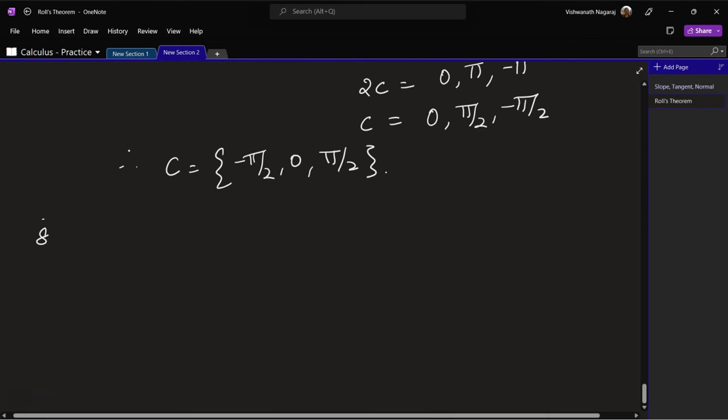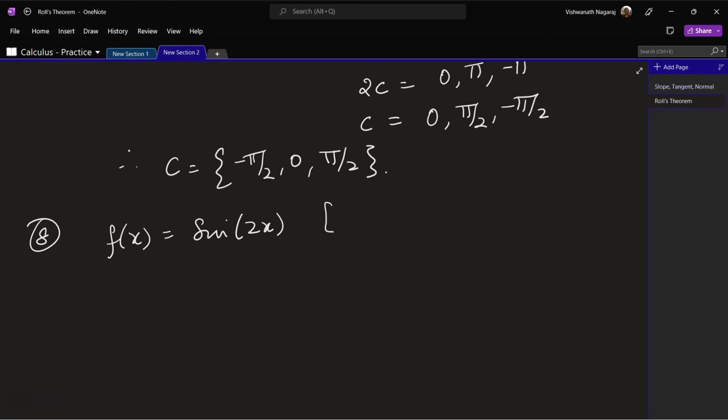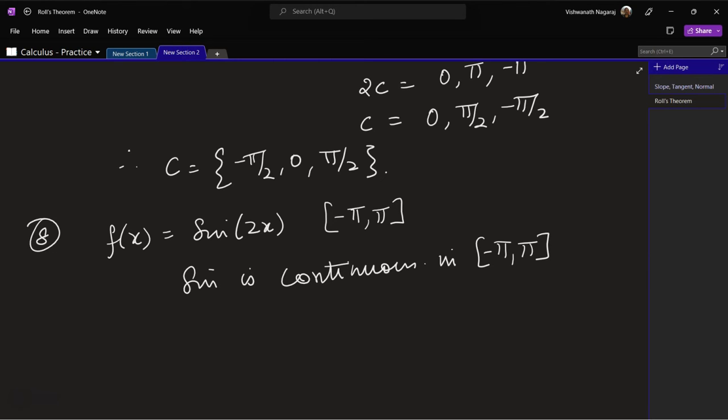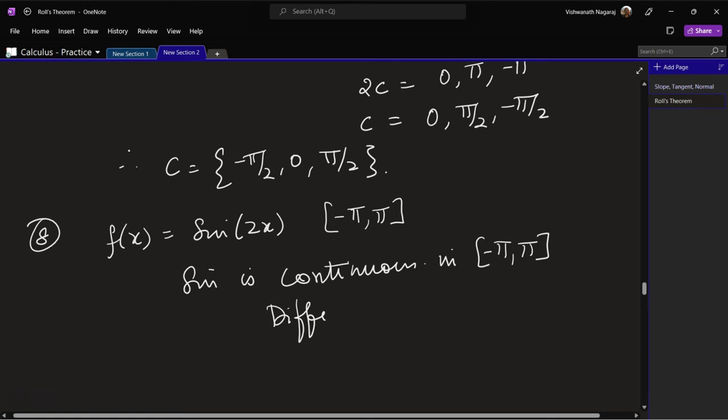Now let's look at the eighth one. f of x is equal to sine of 2x, again in the interval minus pi to pi. Now sine is continuous throughout, so it is going to be continuous in the closed interval minus pi to pi. It is differentiable in the open interval minus pi to pi.